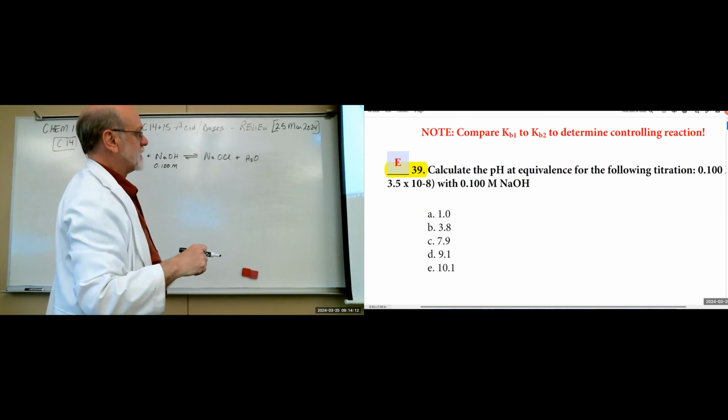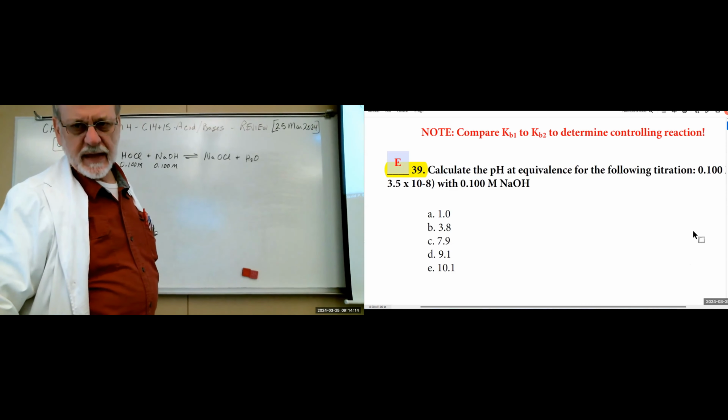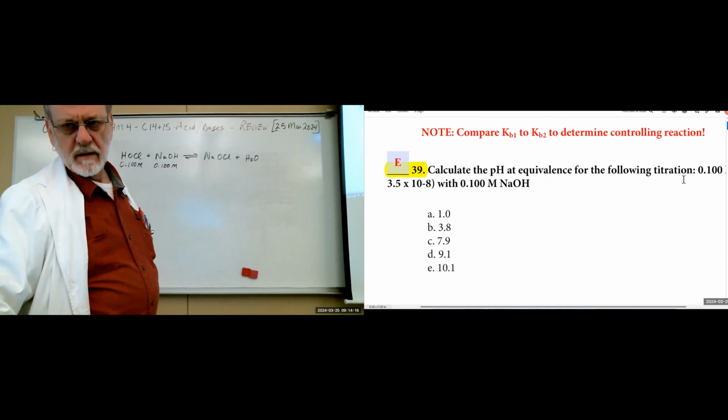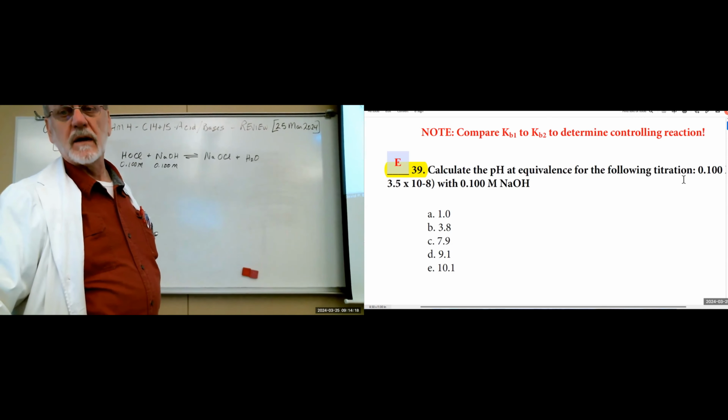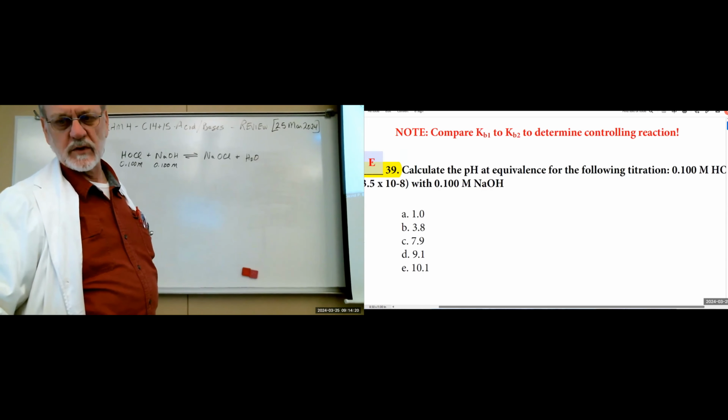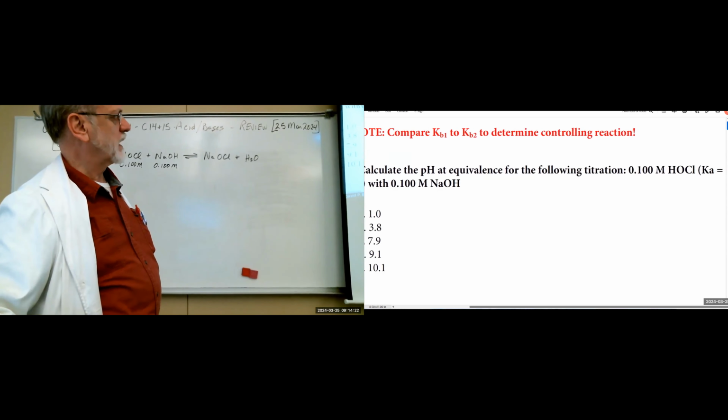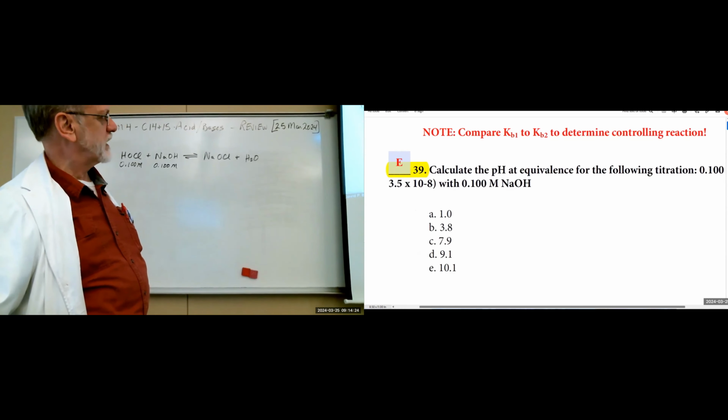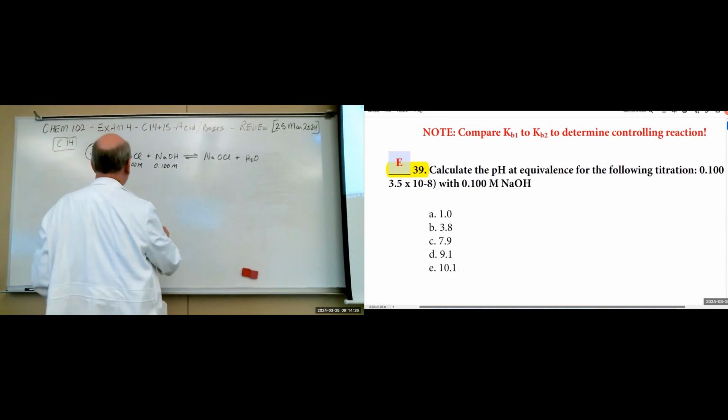And we're given the Ka. Yeah, is that the Kb? Let me be sure. Yeah, the Ka of HOCl is 3.5 times 10 to the minus 8.